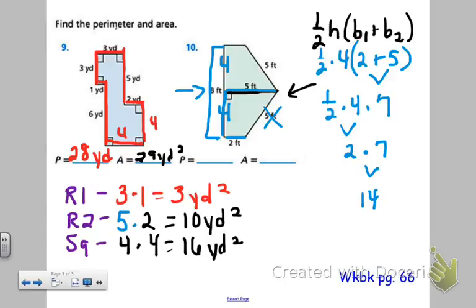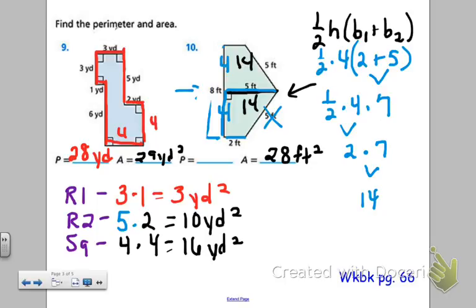So the area of the one trapezoid, remember that's only one trapezoid, is 14. So the area of this one is going to be 14, which means the area of this one's 14, and if I put that together, that's a total area of 28 square feet.